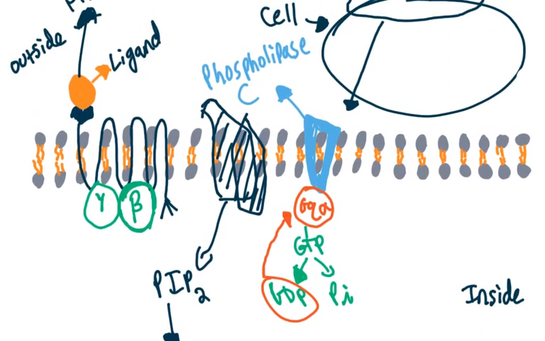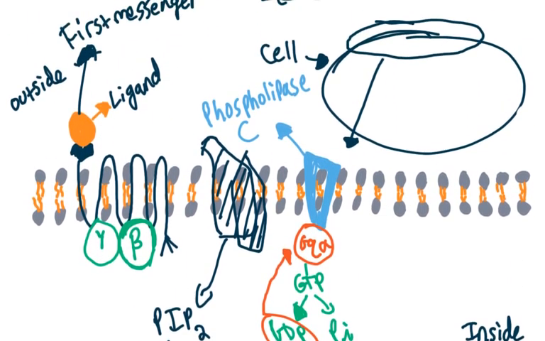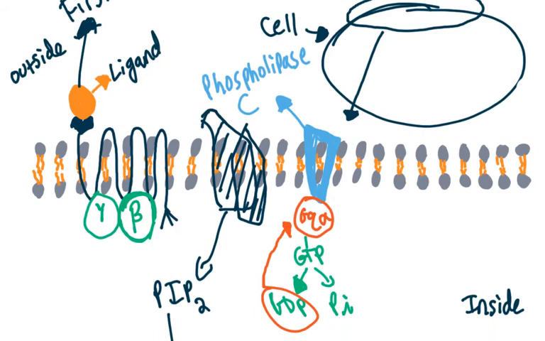It turns out that 1,2-diacylglycerol is actually hydrophobic, and it likes to stay bound to the phospholipid bilayer membrane. So let's draw our diacylglycerol right here. I don't know why I drew it like that, but this is our DAG that's bound to the phospholipid bilayer.